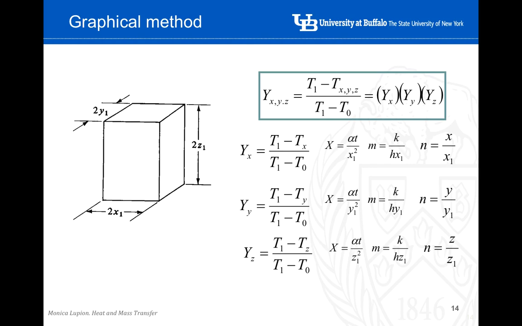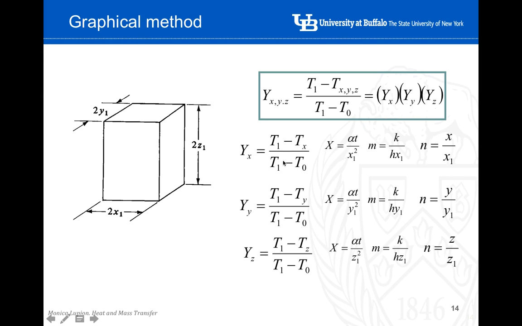You can see more clearly here what I meant. So if there is a three-dimension case, like this one, we can directly say that the parameter y of these 3D elements will be equal to the parameter y of the surface x, surface y, and surface z.